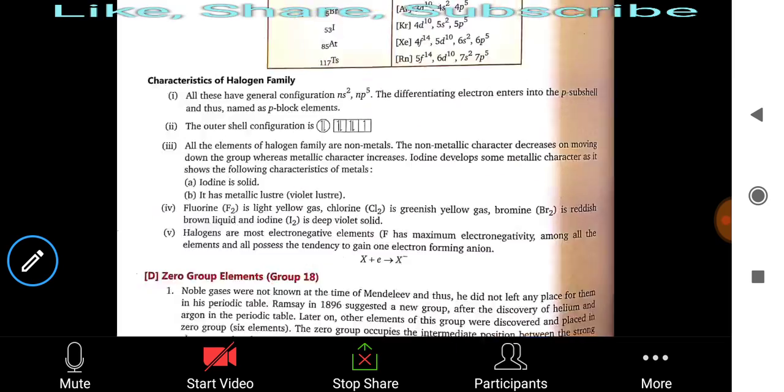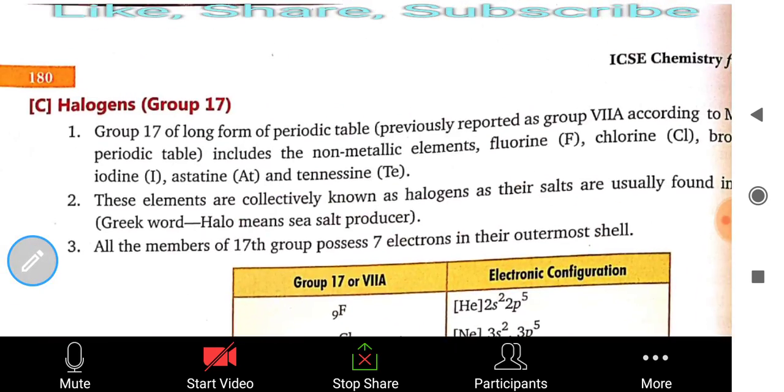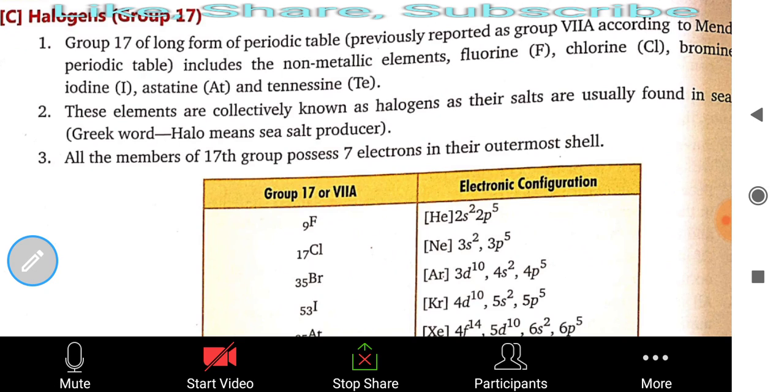Now, if we read about the halogens, group 17 of the long form of the periodic table. When you go to higher classes, you have to read about all the groups, but in your ninth class, the major groups are given which you have to read. So next is halogens. Group 17 elements are also known as halogens. Previously reported as 7A according to the Mendeleev periodic table, it includes the non-metallic elements.